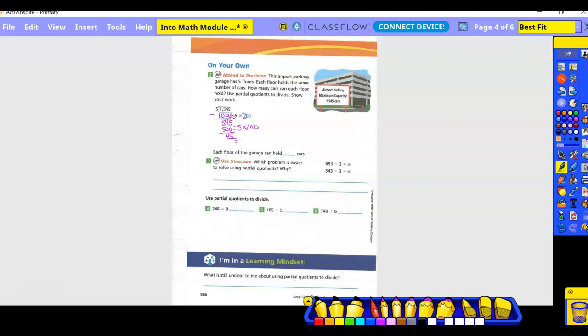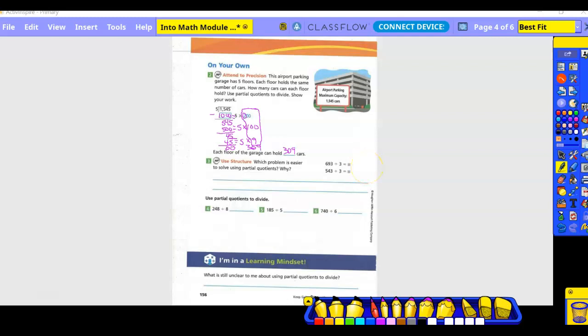So 5 times what gets me closest to 45 without going over? 9. And that equals 45, and I have nothing left over. So now I'm going to add all of these together. And what is 200 plus 100? 300 plus 9 is 309. So each floor of the garage can hold 309 cars.